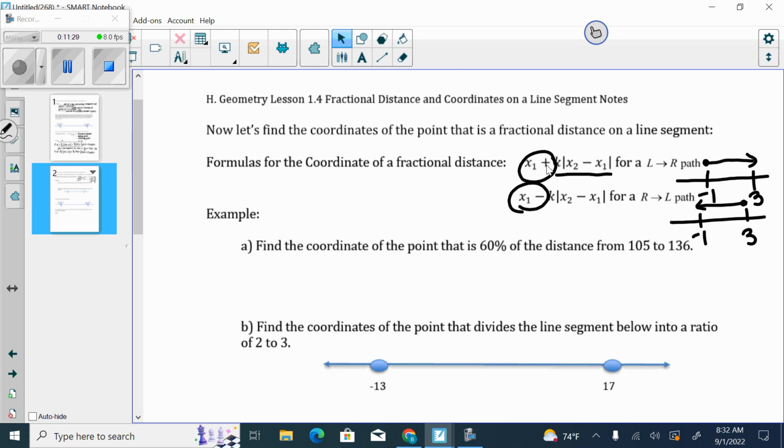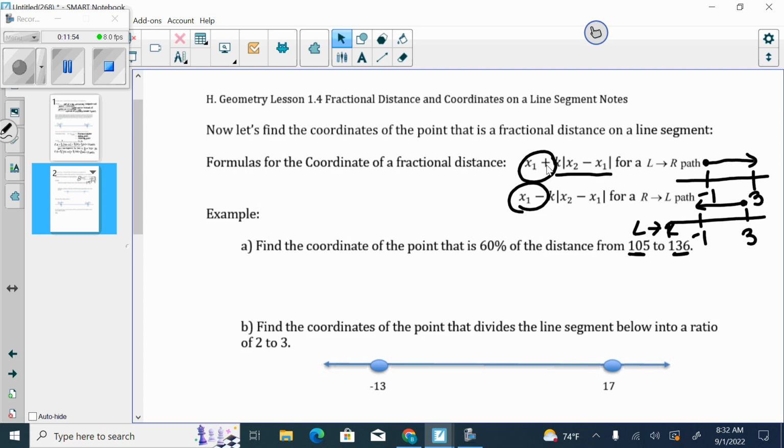So it says, find the coordinate of the point that is 60% of the distance from 105 to 136. Okay. So if I'm going from 105 to 136, did I go left to right or right to left? Left to right. Good. We increase in value there. Okay?